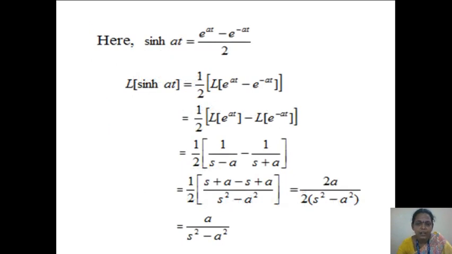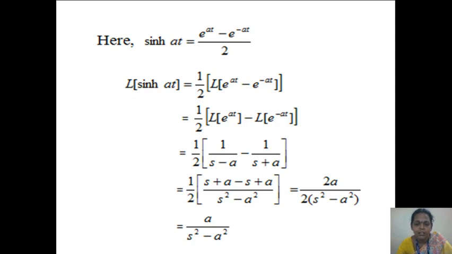Here sinh at is equal to e power at minus e power minus at divided by 2. Next, taking Laplace transform on both sides, we get L of sinh at is equal to 1 divided by 2 into L of e power at minus e power minus at.